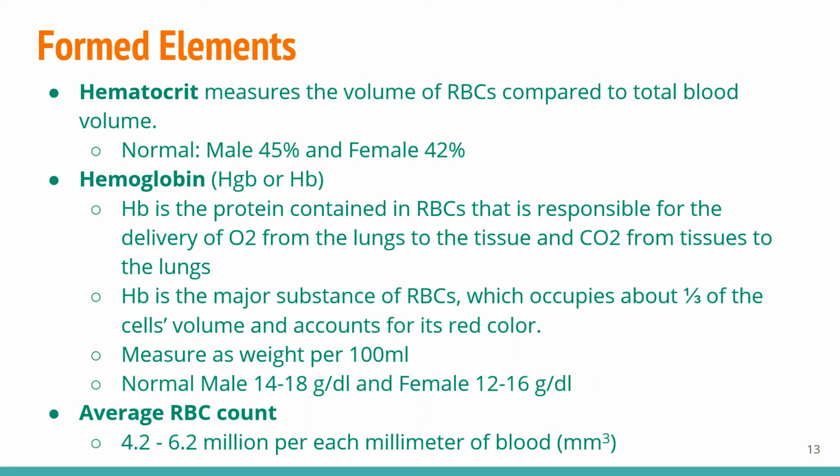Red blood cell count, I mentioned that before, but if you break it down, the men are 4.7 to 6.1, and the female is 4.2 to 5.4. This is also in Desjardins on page 210.